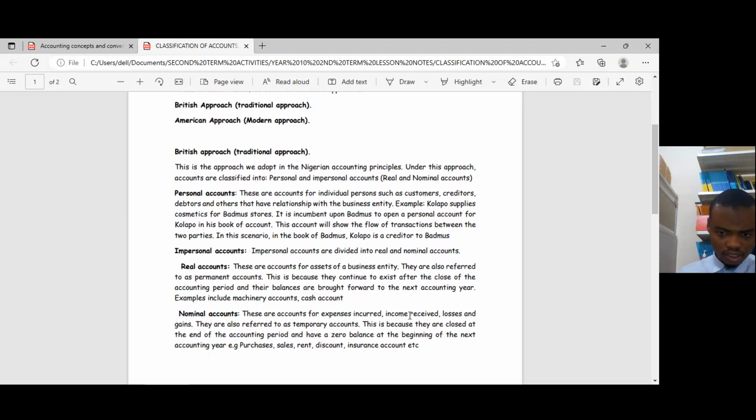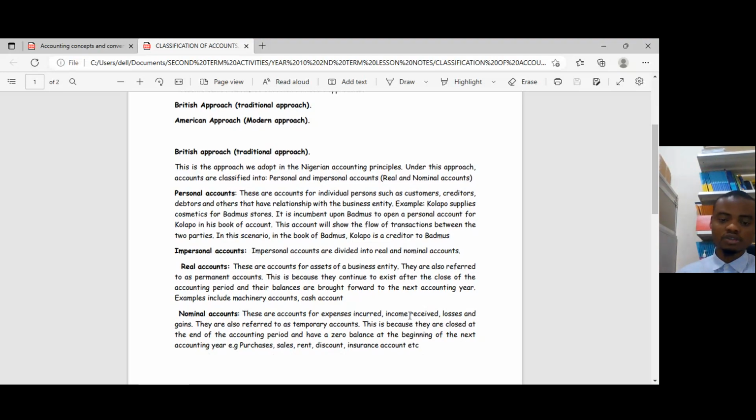Okay, that's that about real accounts. Now let's look at nominal accounts. What are nominal accounts? These are also divided into two: an account for income and an account for expenses or expenditure. So our income and expenditure accounts are nominal accounts. They are also referred to as temporary accounts because they change. They are not static, they are not permanent in nature.